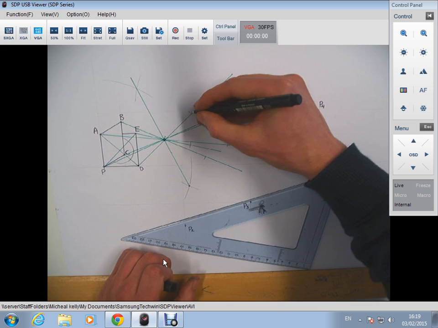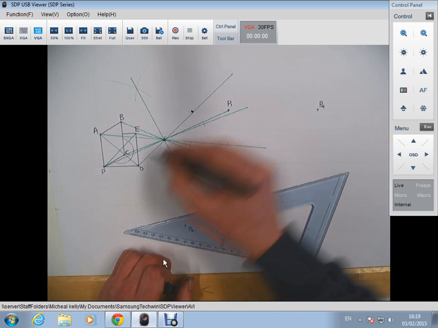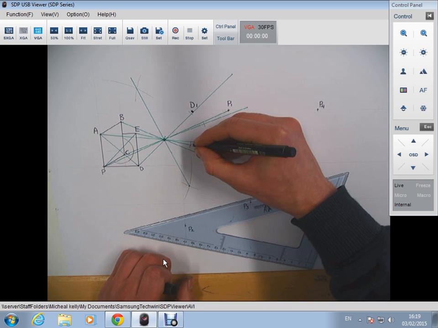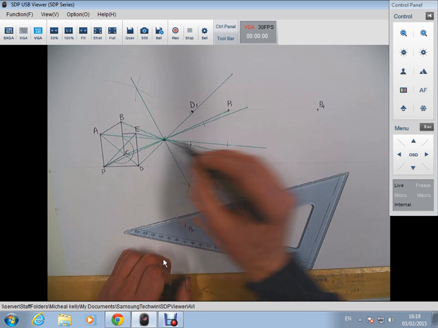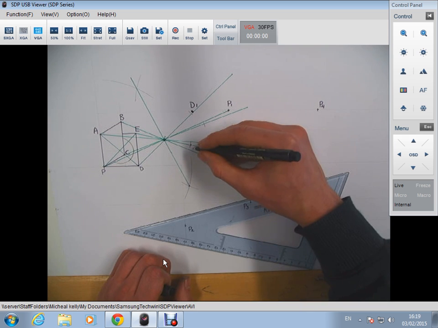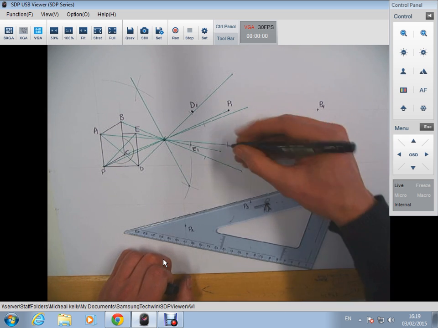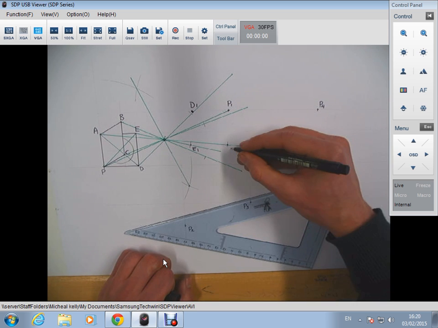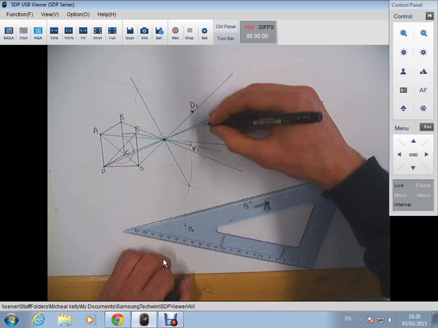So this here is going to be my point D1. Here is my point E1. Point A1 and my point C1.